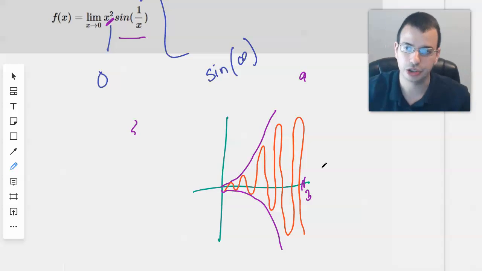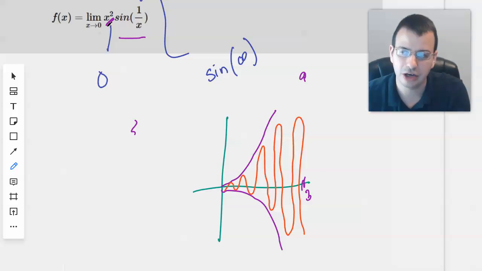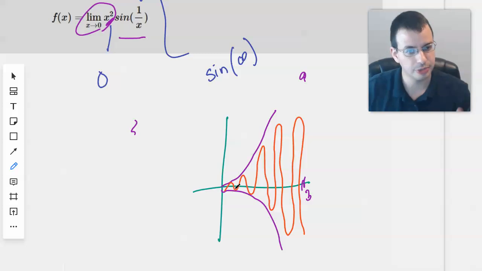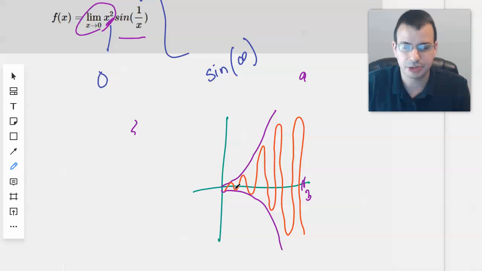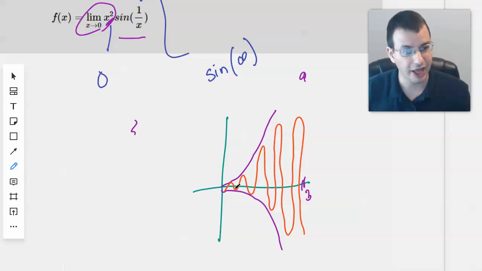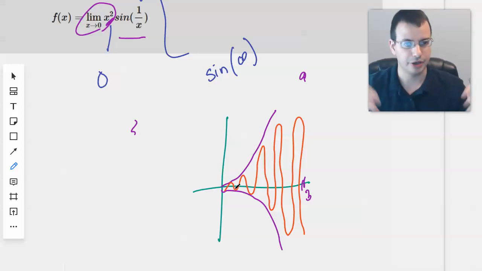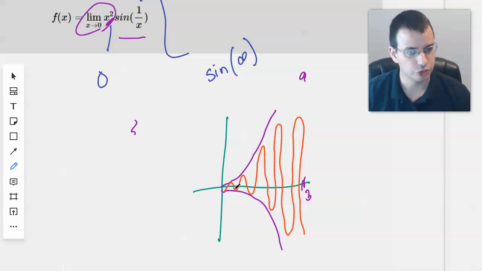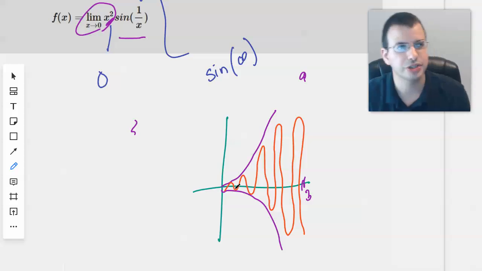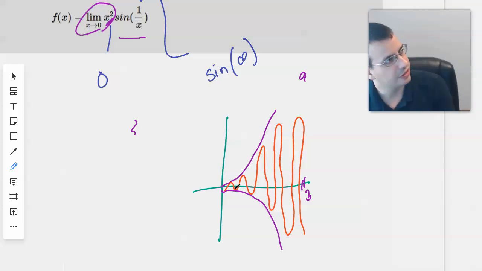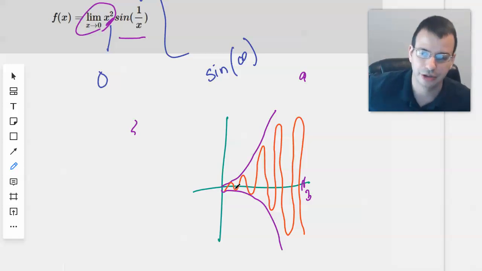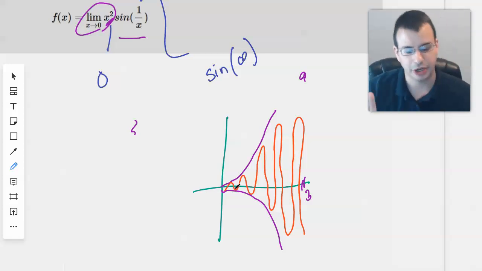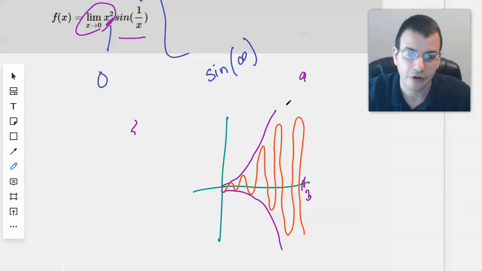Long story short, what we can do then is look at this x squared value here, and that's going to determine what the total function is going to go towards. So the limit as x approaches 0 of x squared sine of 1 over x is going to be bounded, constricted, restrained by, what's another word? Bounded is probably good enough.